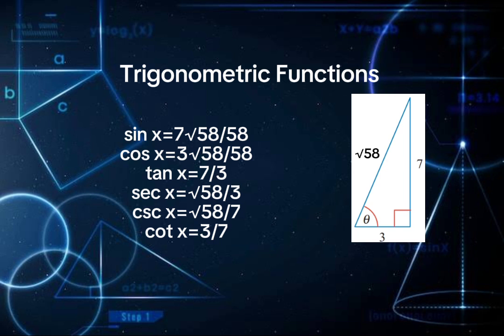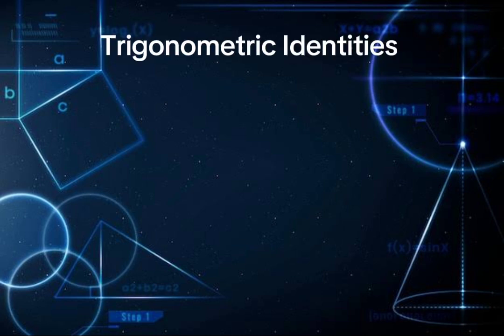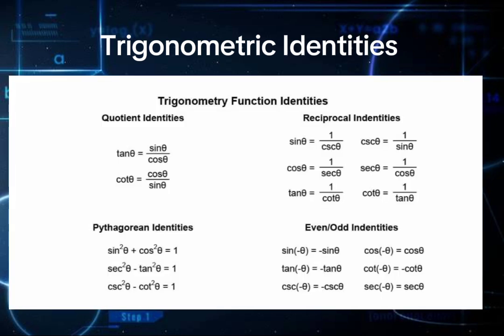Now that you know how to identify and evaluate trigonometric functions, let's proceed to our second topic, which is trigonometric identities. First, we need to familiarize ourselves with the trigonometric identities. The first identities are the quotient identities.